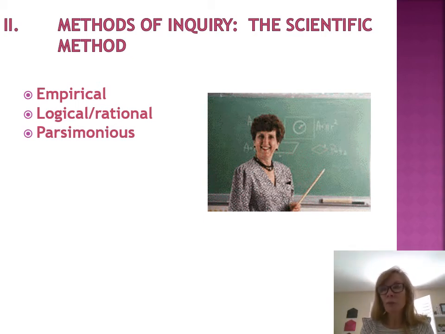Parsimony is often referred to as Occam's razor. I think that comes from some story in philosophy where by razor, I think it means it cuts away like a razor all the assumptions and extraneous conditions to get down to the core. And it basically means the simplest explanation is the best.